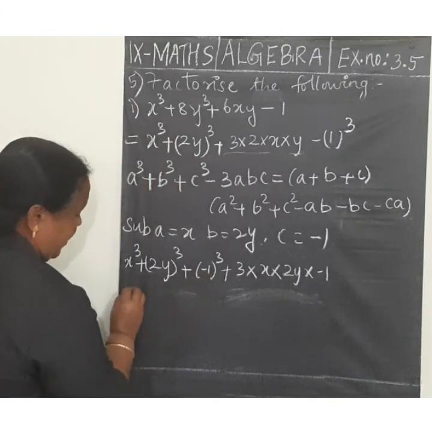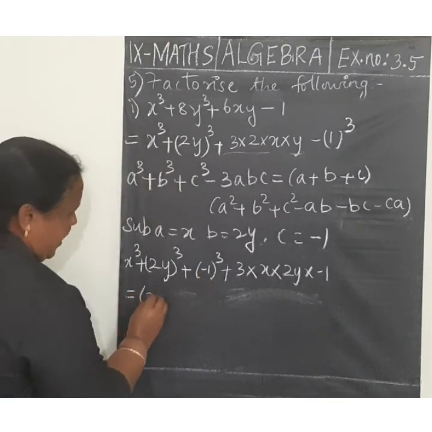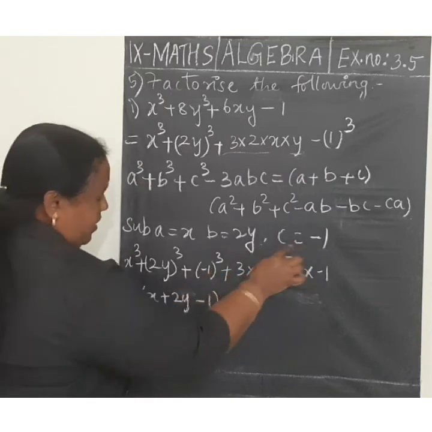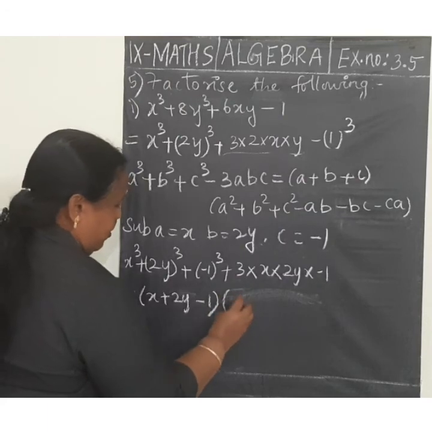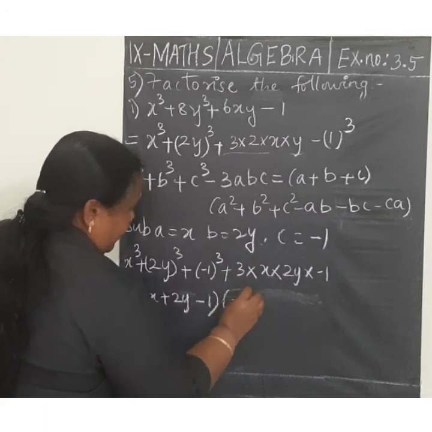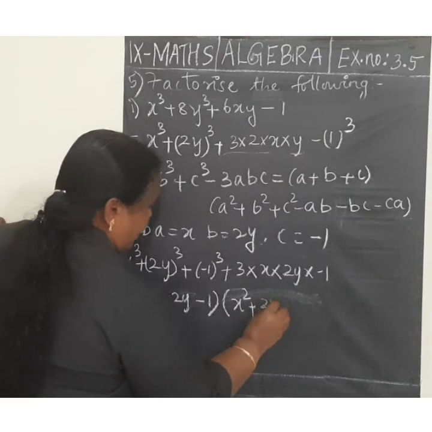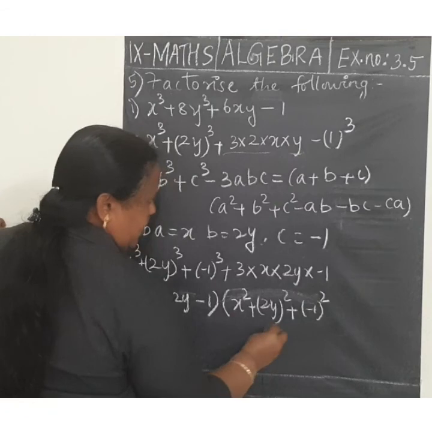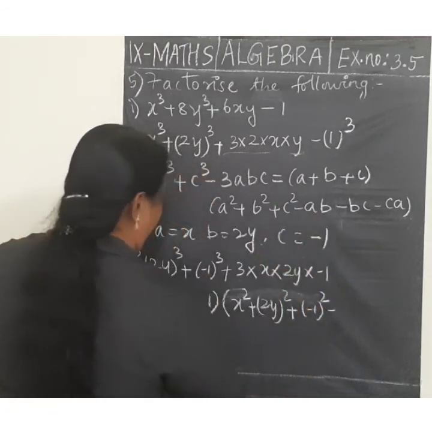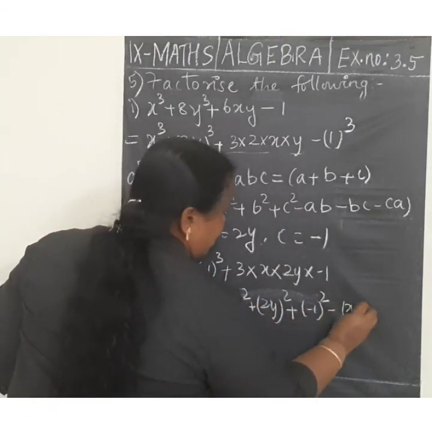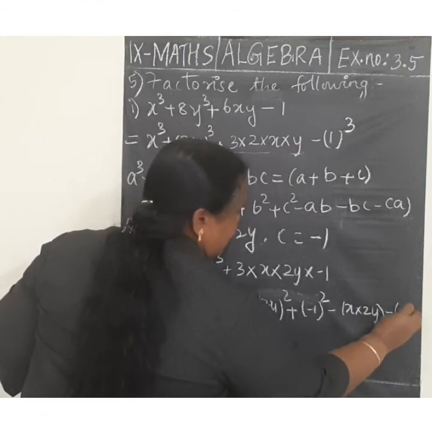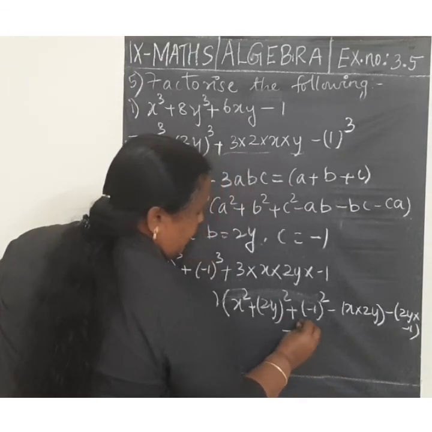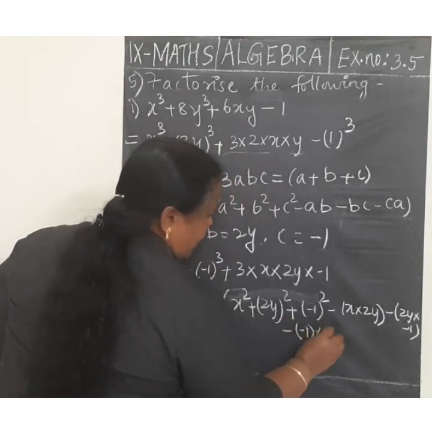So we write this as x plus 2y minus 1, since c is minus 1, into x square plus 2y the whole square plus minus 1 the whole square, minus ab, so minus x into 2y, minus 2y into minus 1, minus c, which is minus 1 into x.